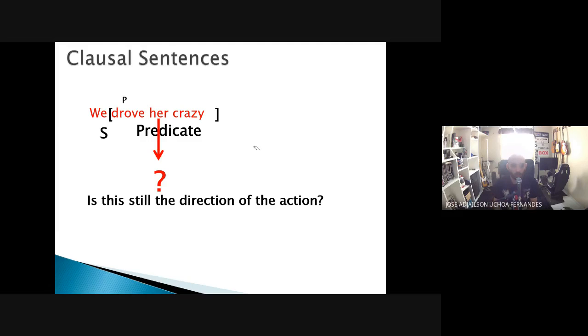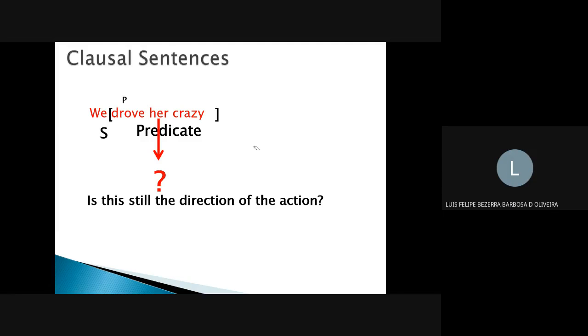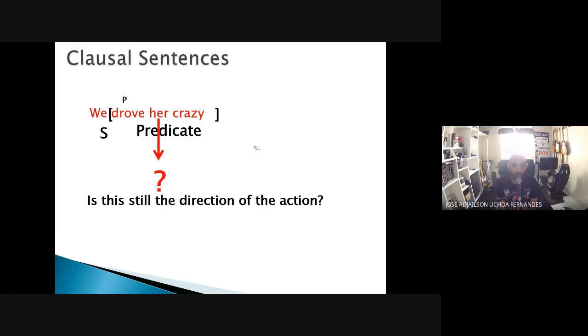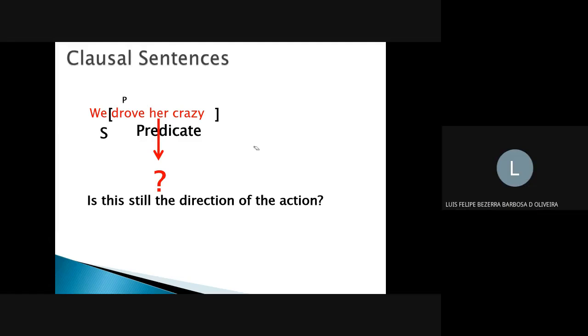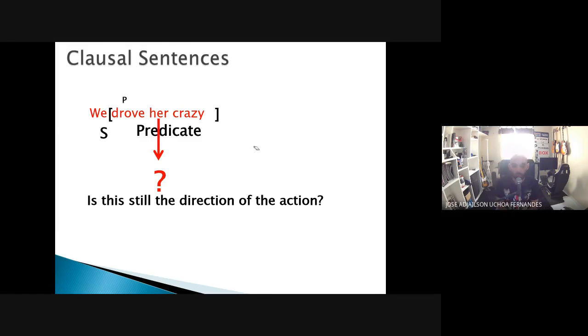Is it? Not in this case, I don't think so. She is our object. We did something to her. So is it direct or indirect object? Direct. She's the direct object.